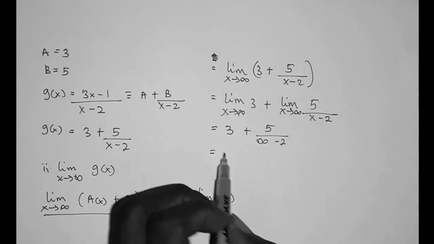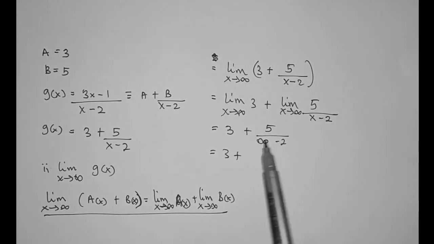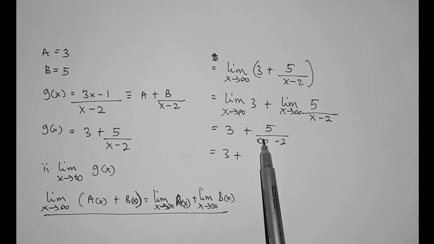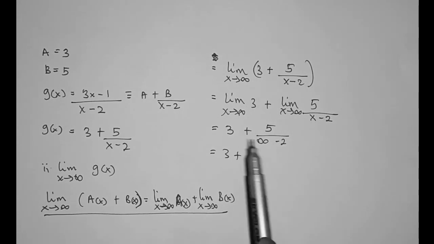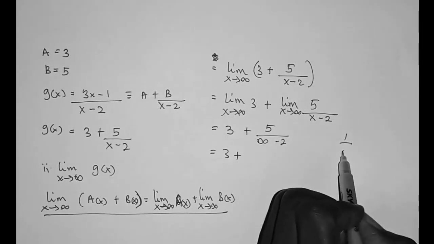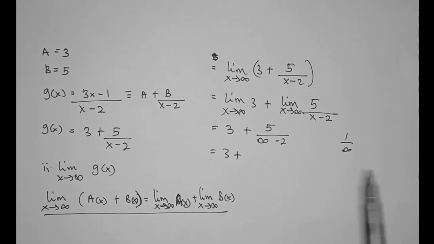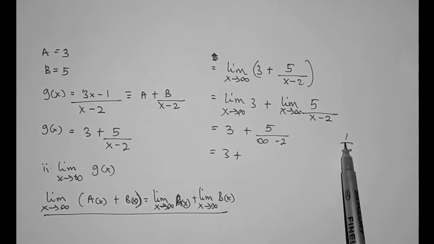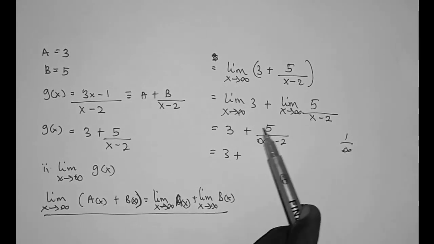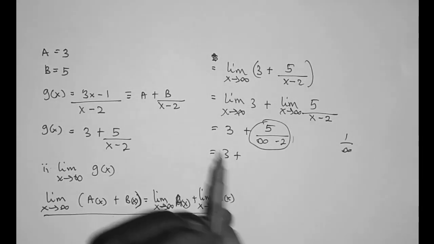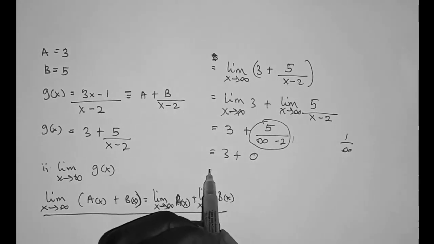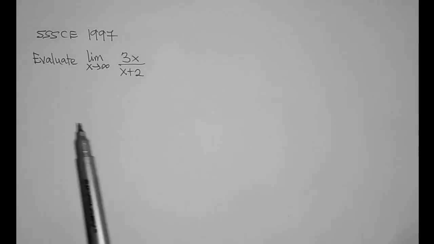So this is equal to 3 plus a certain big number minus 2, which gives us another big number. And remember what we said about 1 over infinity: as the value of the denominator becomes extremely large, the function approaches 0. So all of this is equal to 0. So 3 plus 0 is equal to 3.